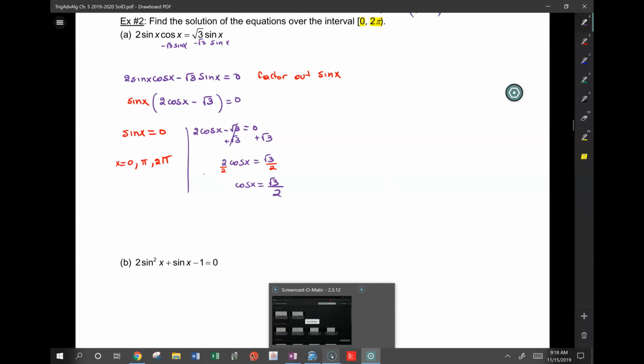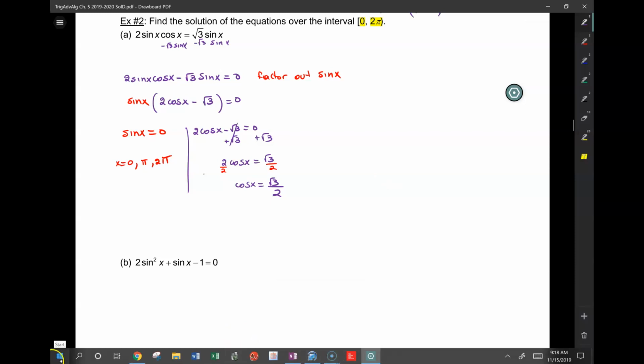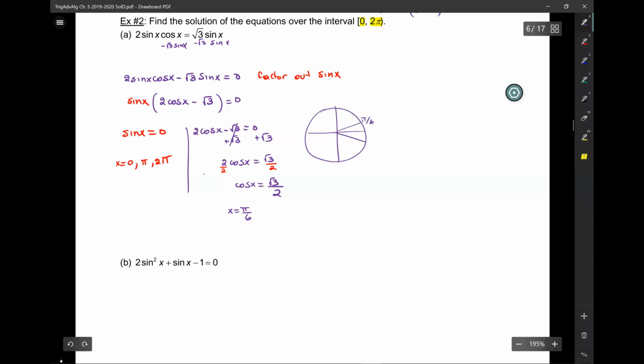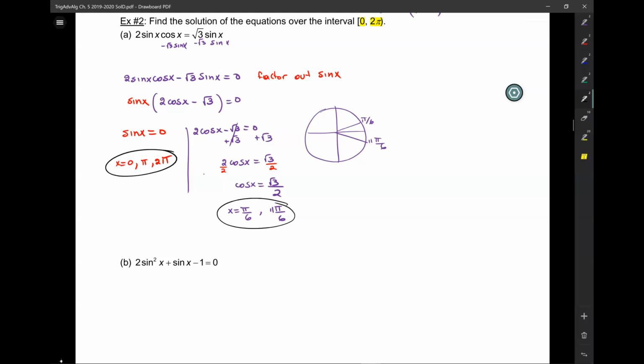The 30 degrees, which is pi over 6. So x is pi over 6, but now I got to get 2 quadrants, remember? So pi over 6 and, oh, look at you guys, 11 pi over 6. So the answers are this and this. Many, many answers for this one.